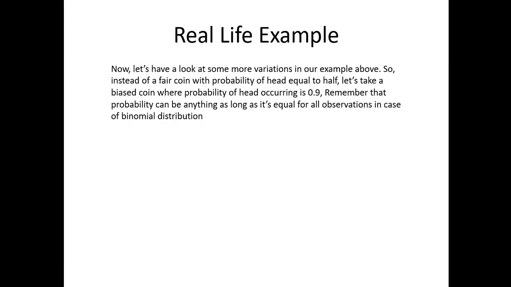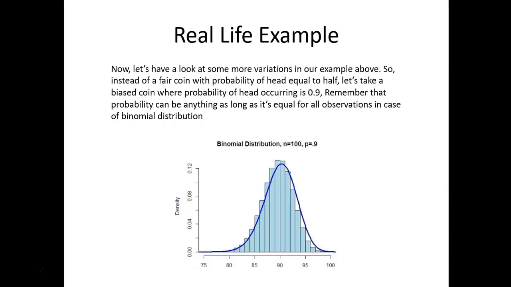Let's say I had a biased coin where the probability of head is 0.9, and remember that probability can be anything as long as it's equal for all observations. So if I'm saying the probability is 0.9, it has to be 0.9 for each of the coin tosses. In this case, our binomial distribution will look like this. This is an example with 100 coin tosses, and in each case the probability of head is 0.9.